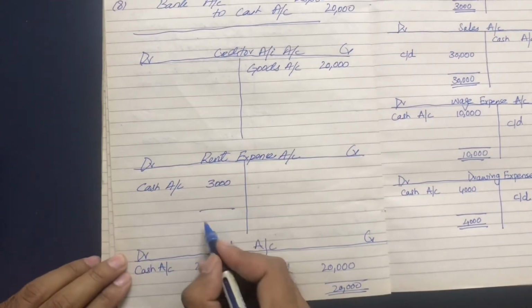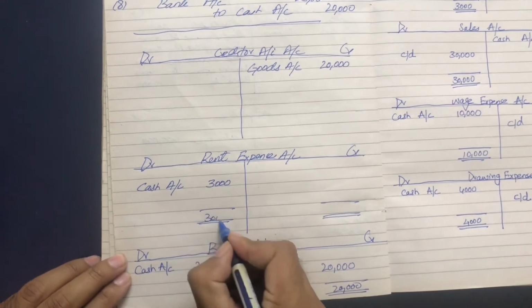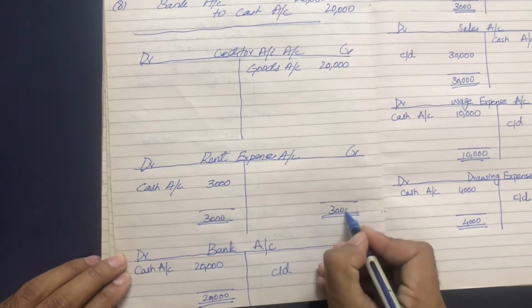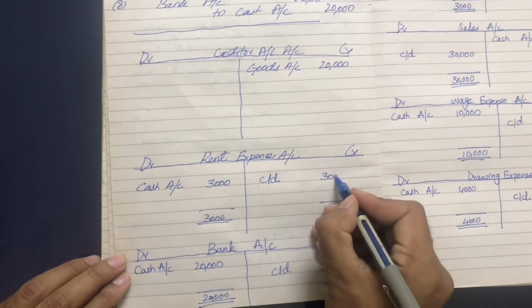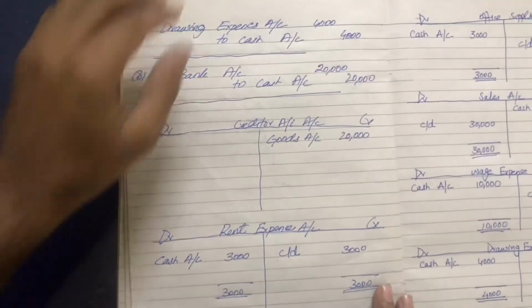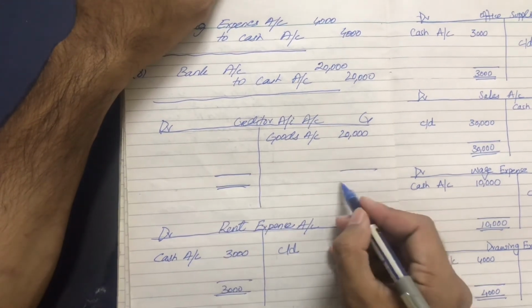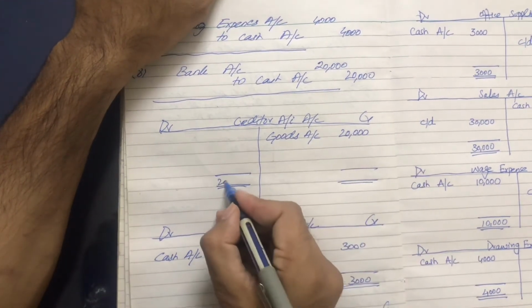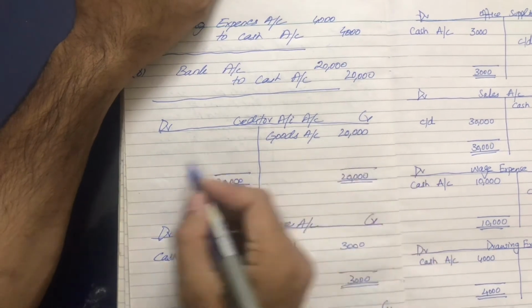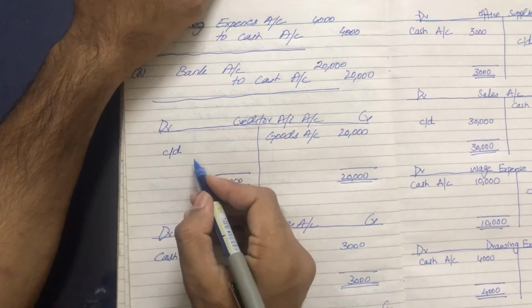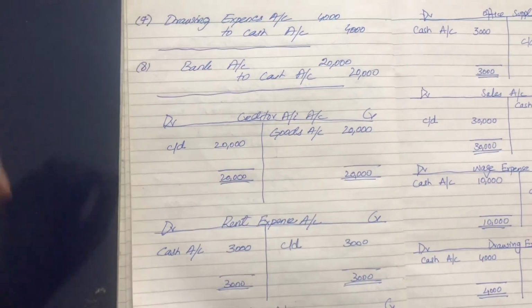Here we will close rent expense account. Highest balance is 3,000 rupees, and on the credit side there is no balance, so we'll write 3,000 in order to balance the account. On the creditor Ali account, the highest balance is 20,000, so we'll mention here 20,000, and the debit side has no balance, so we'll write here 20,000 rupees in order to balance the account.